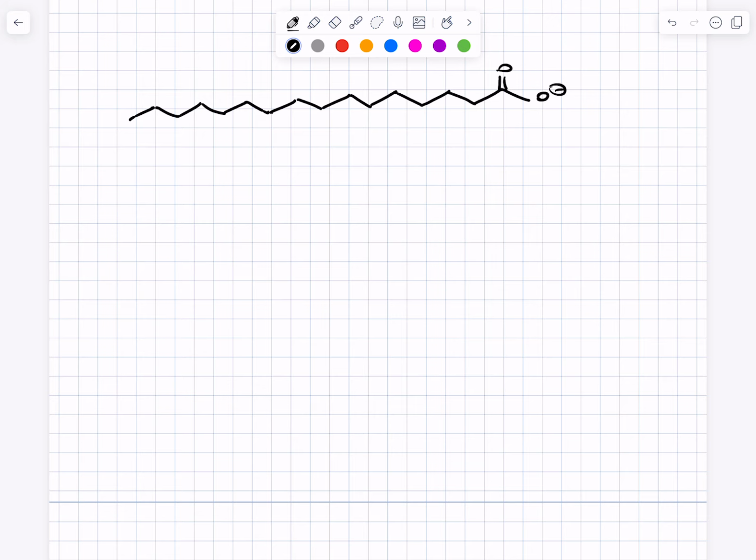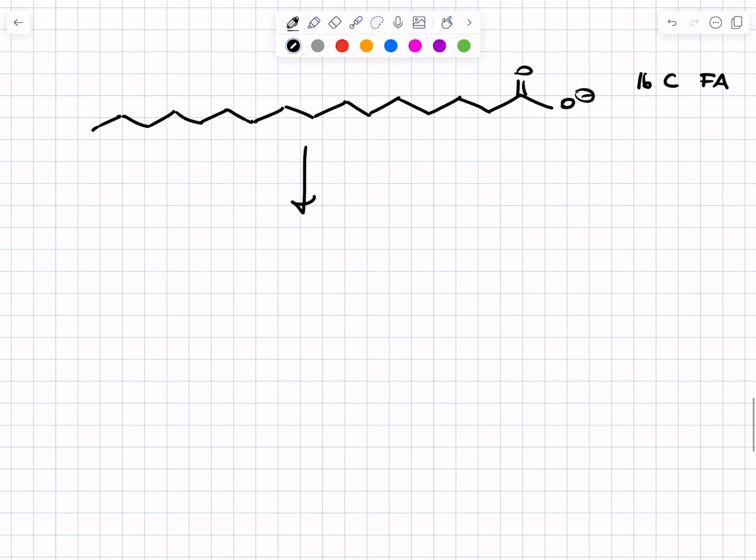And let's think about the yield in terms of energy-rich molecules as this is broken up into 1, 2, 3, 4, 5, 6, 7, 8 molecules of acetyl-CoA. All right? So first, remember in this process, we're basically down 2 molecules of ATP because we have to activate the carboxylate as the thioester. That's the acyl-CoA synthetase.